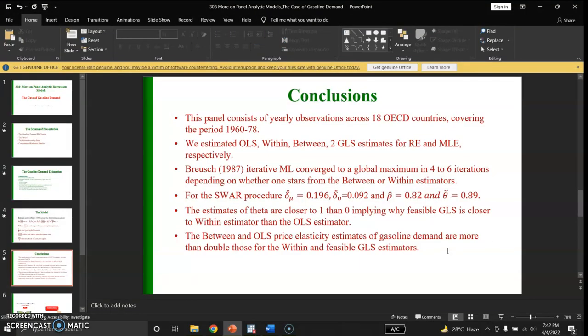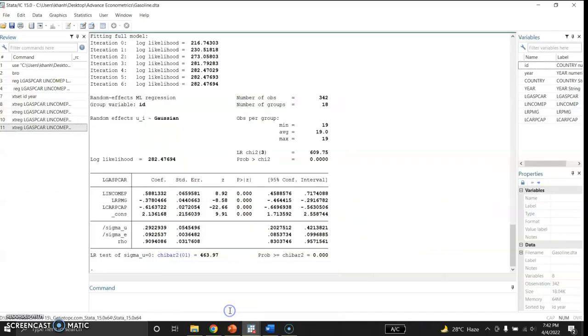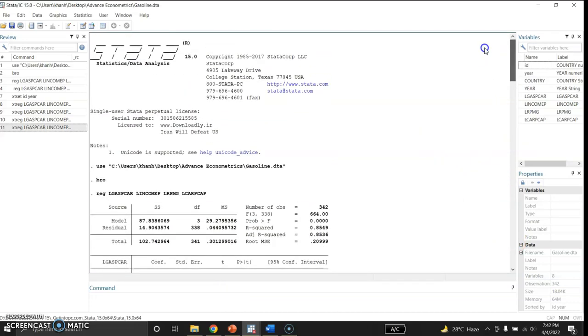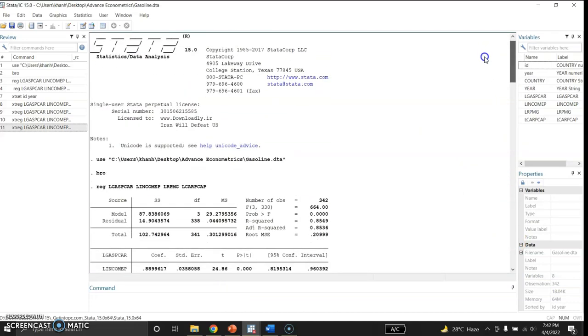Before I conclude, I'll go to Stata and estimate the various models. I have already estimated those models.